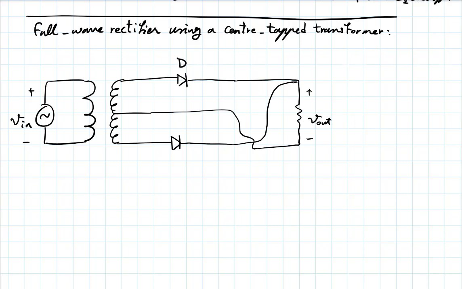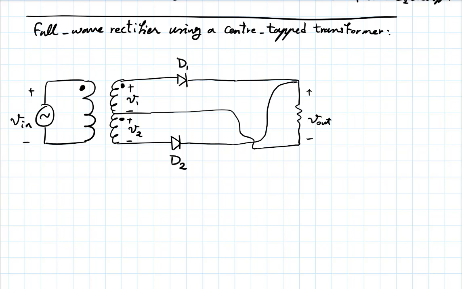Call this D1 and D2. And what happens here is that with this transformer, you have not only, let's say, this V1 extracted, but also have V2 extracted. And if this wire is at the center, then V1 and V2 are the same. So it's like two different AC voltage sources.